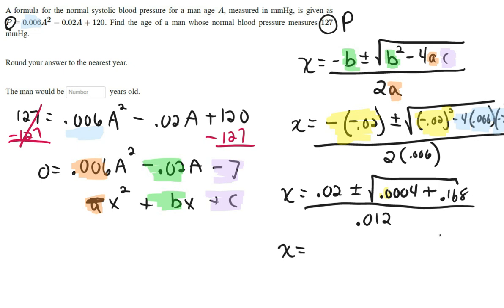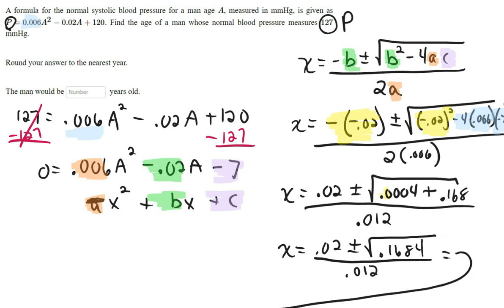And then I'm going to add the 0.168 plus 0.0004, which gives me the square root of 0.1684. And I'm going to divide all that by 0.012. And now I've got to take the square root of that number. All right, I'm running out of room, so follow me over here.